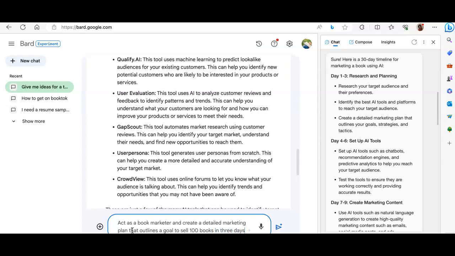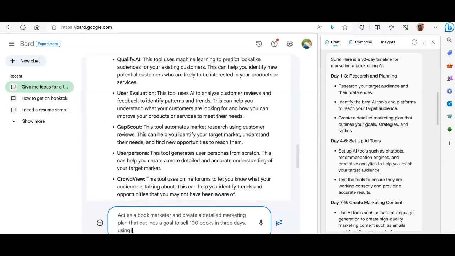Pretty ambitious, right? And then using Instagram, Facebook, and Pinterest.